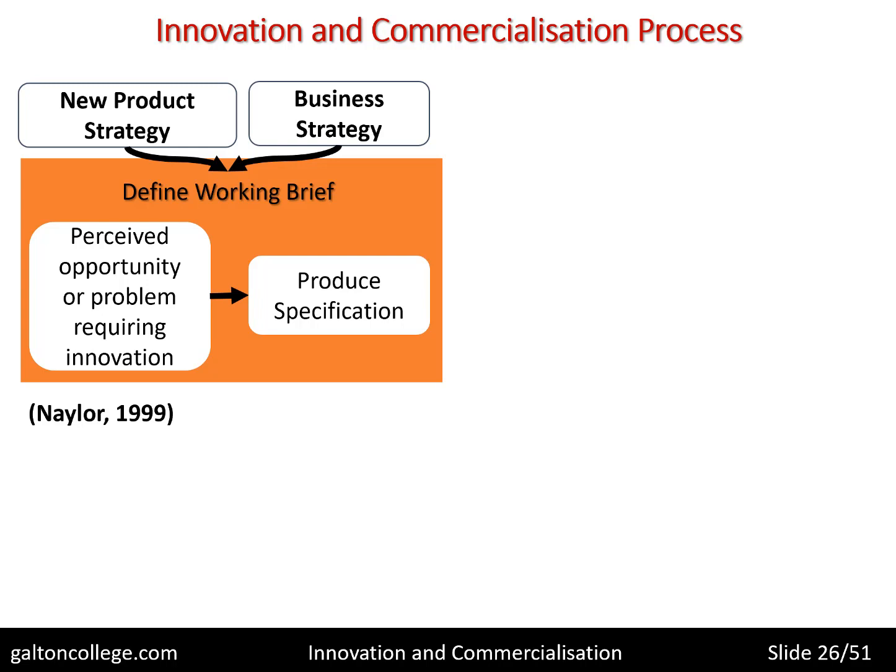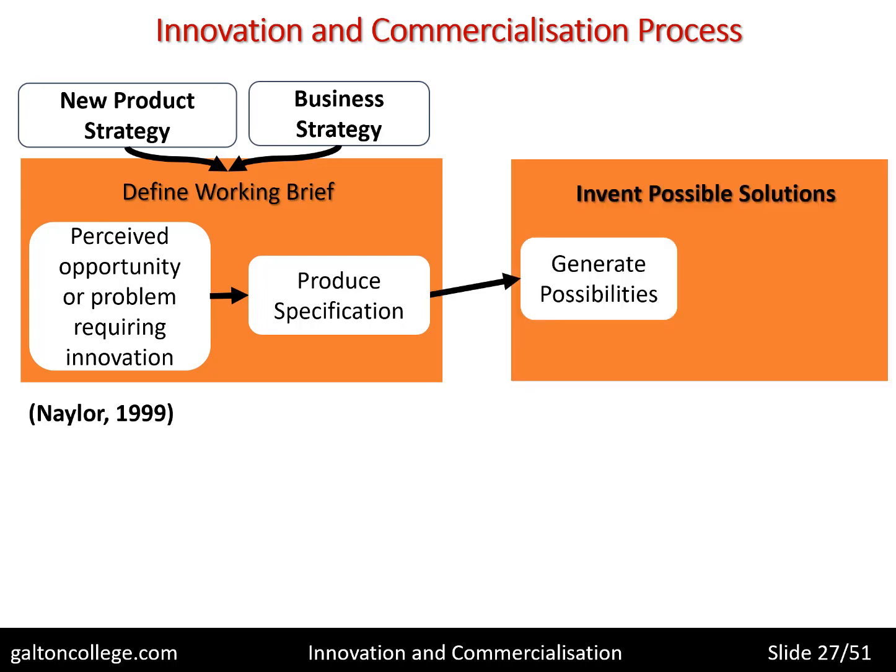So they're just interested in developing the products of the business. So there's a new product strategy, then they look at the opportunities that that product may bring to the organization, and if they consider it's worth carrying on, they will produce a specification. That's the work of Naylor in 1990.